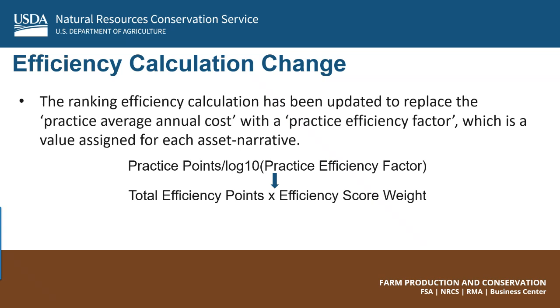So in order to get to a place of better consistency, we updated the formula so that we're no longer using the practice average annual cost in the calculation. We now have a practice efficiency factor, and it is assigned at each practice narrative. So this should allow us some better controls as we're going through the ranking period, not to see those fluctuations in scores as a result of changes that were needed for other purposes.